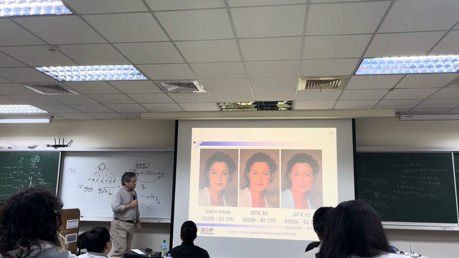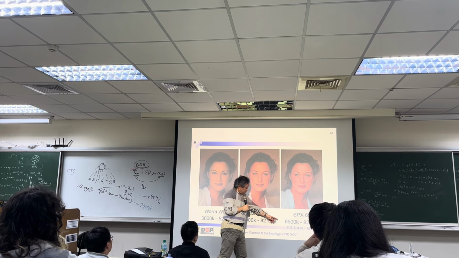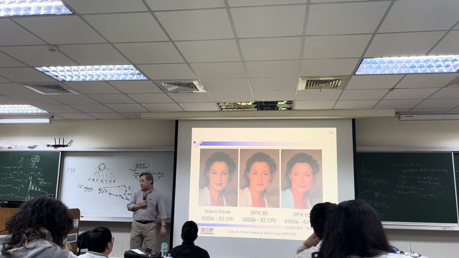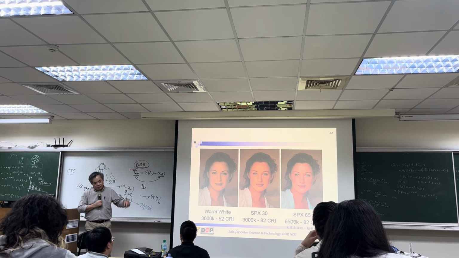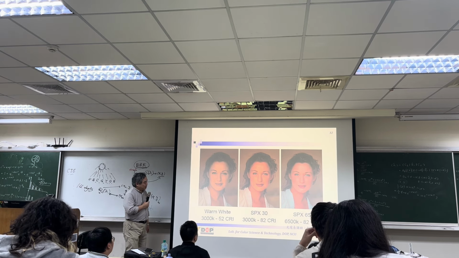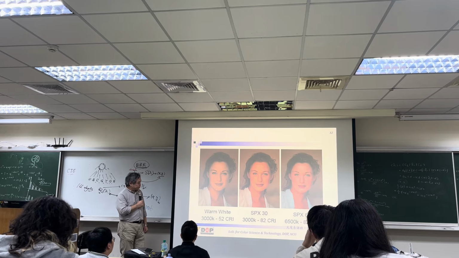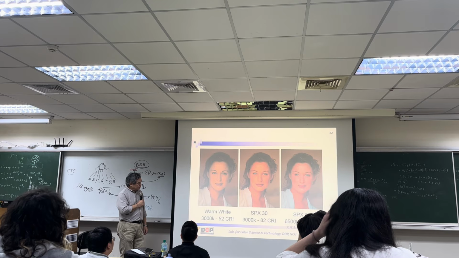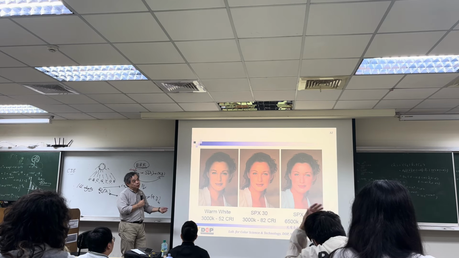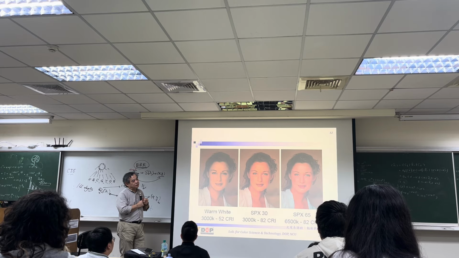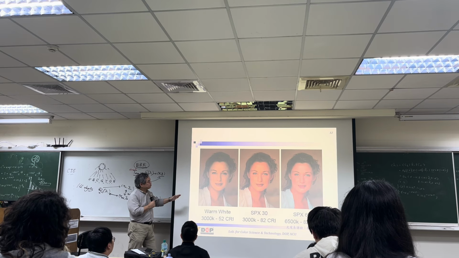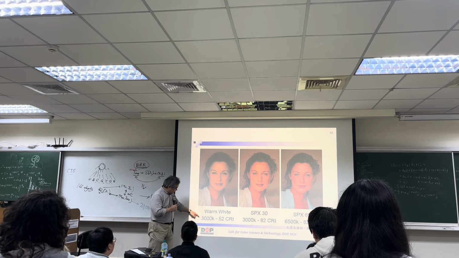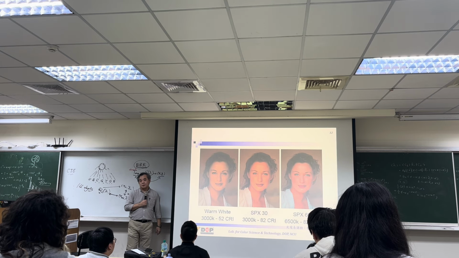So the high CCT light source is better for Asia region. Okay, and for Europe people, they live higher altitude, so they like to see more sun. So their preferred skin color is more brownish. So they more like the low temperature color light source.